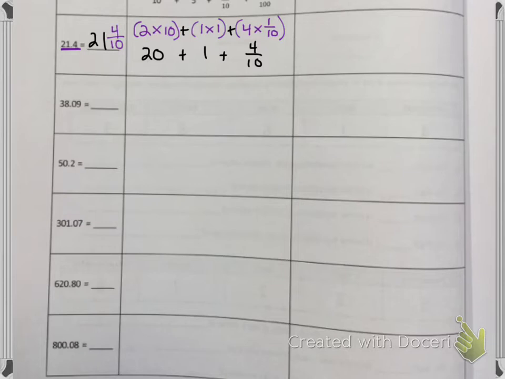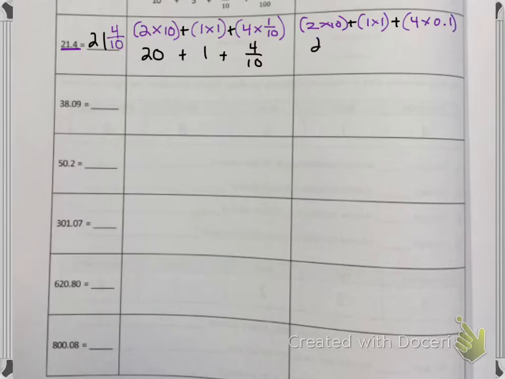Okay? Now as the decimal, this is where it gets a little easier for us, because we can do the whole 2 times 10 plus 1 times 1 plus, and this is where we're going to be doing the decimal, 4 times 0 and 1/10.